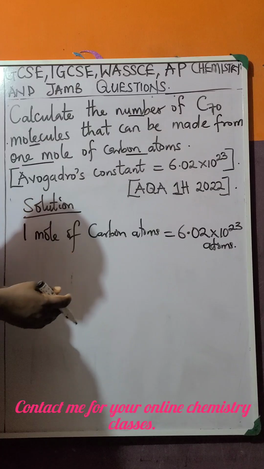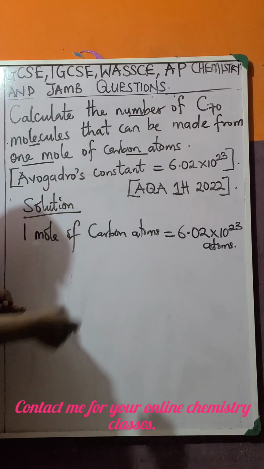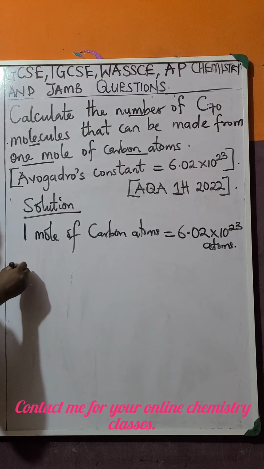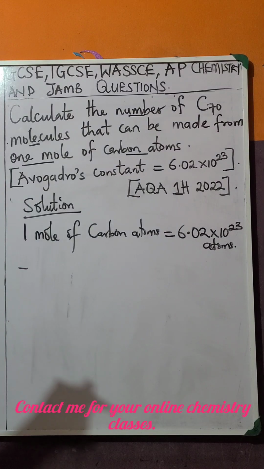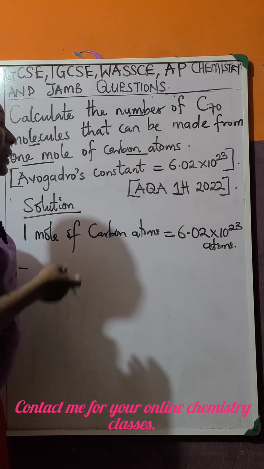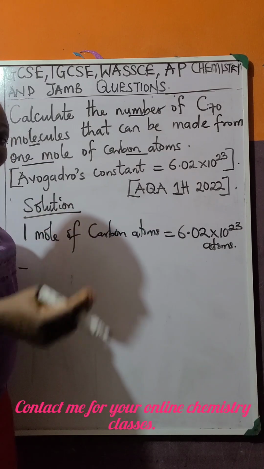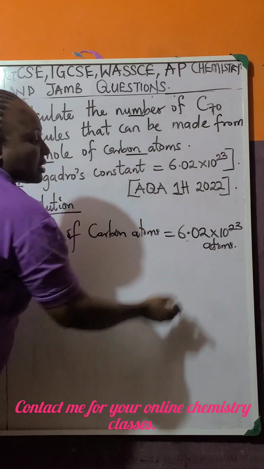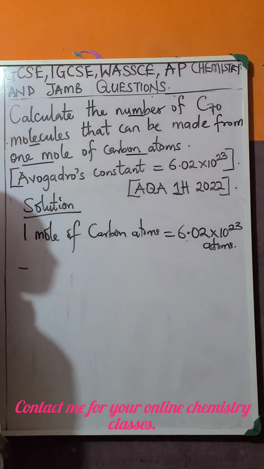Now the question is saying C70 molecule. How many of it? What number of it will be made from this 1 mole? So it means that you ask yourself, each of the C70 molecule, how many atoms are there? So that you can now check, if you start making them, how many of them can be made if you now use 6.02 times 10 raised to power 23 atoms.